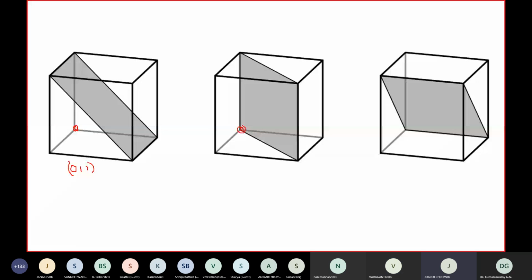0 0 1. Infinity. 1 1 1. 0 1 1. 0 0 1. Infinity.